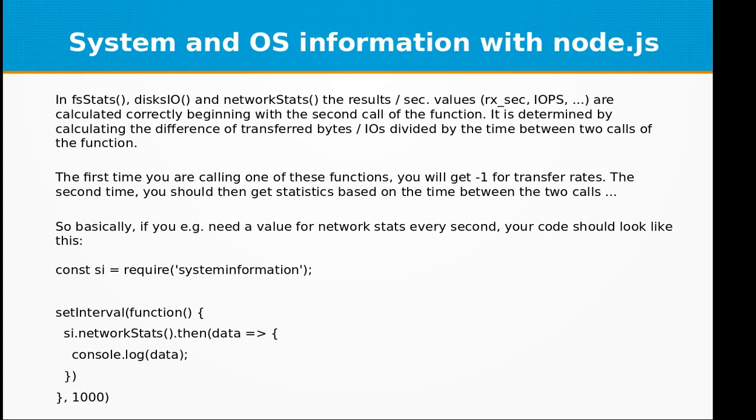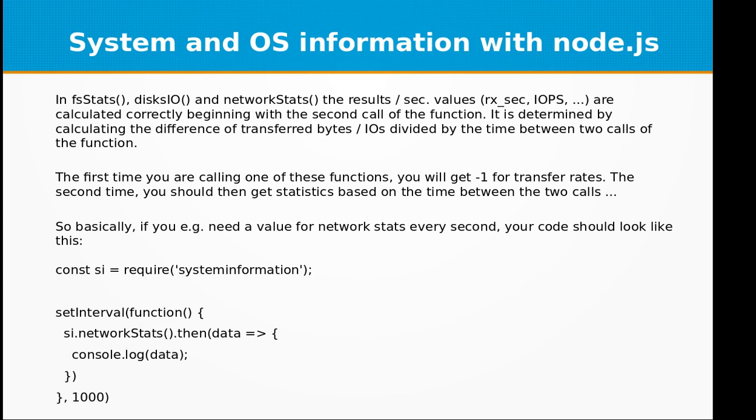Okay, in fsStats, disksIO and networkStats functions that are provided by the system information library, the results per second values are calculated correctly beginning with the second call of the function. It is determined by calculating the difference of transferred bytes, IOs, that is IO input output operations, divided by the time between two calls of the function.